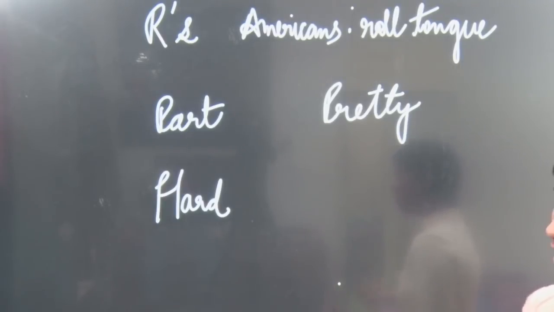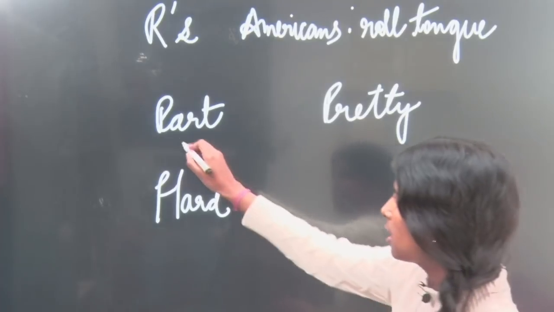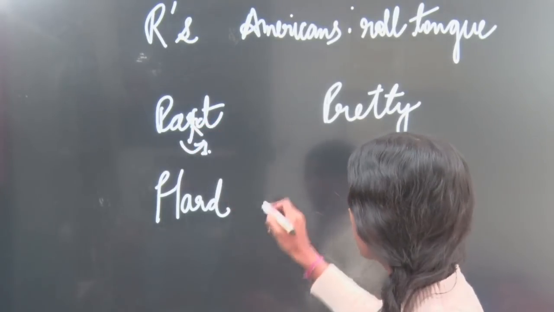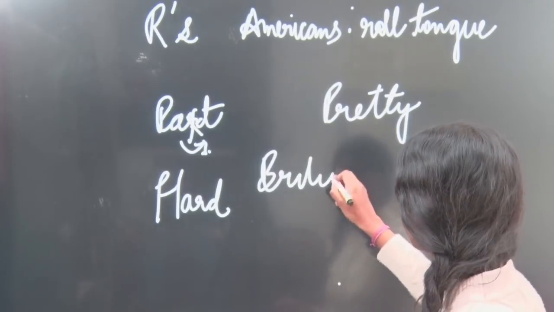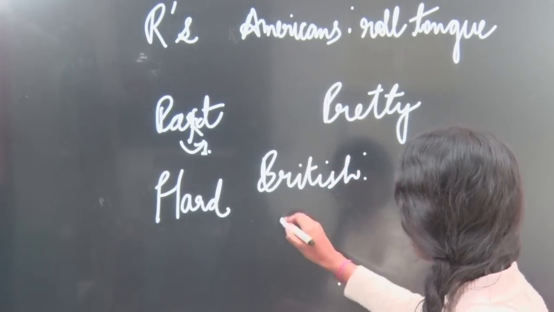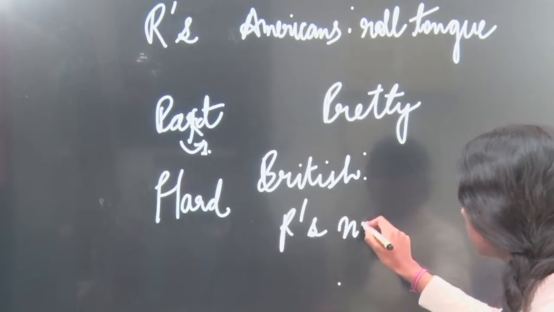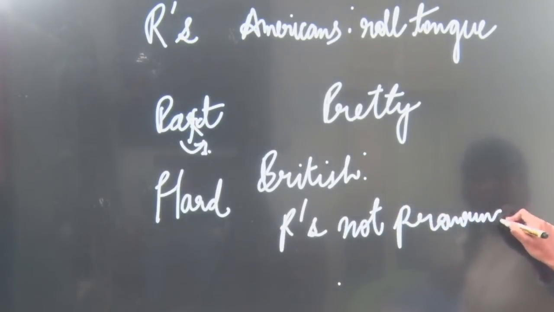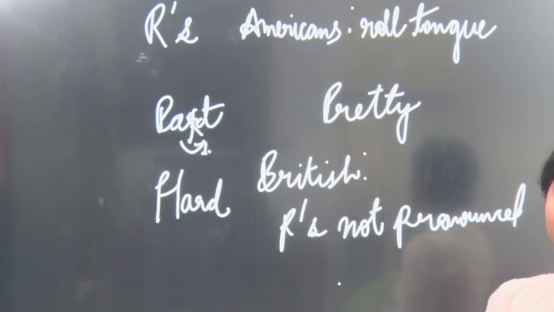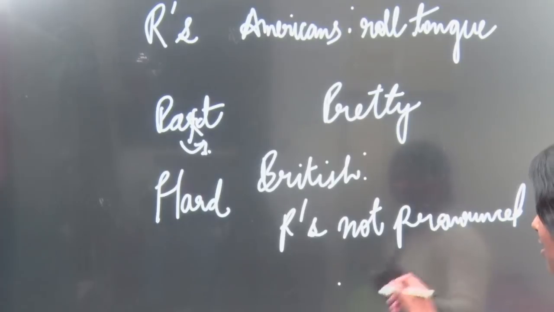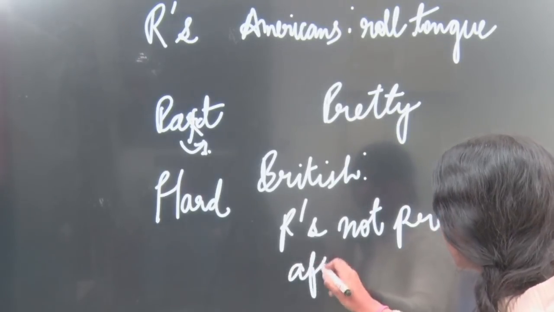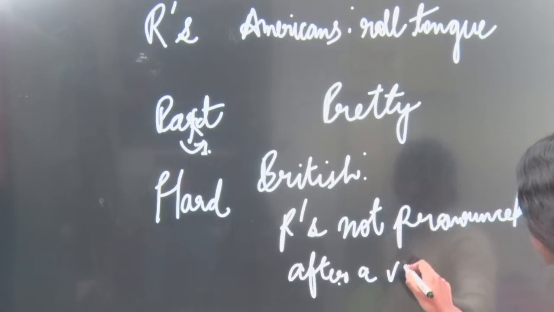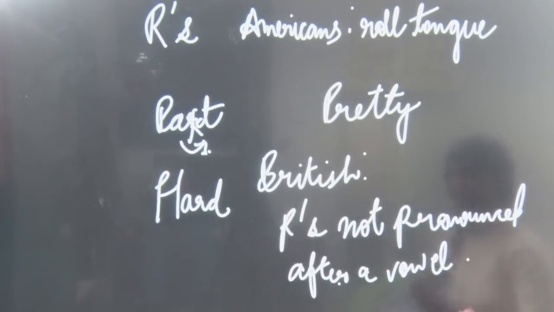In British accent, the rule is that we do not pronounce R. R's not pronounced. My handwriting is super pretty, I know, so please ignore it, y'all. And over time, you're gonna get used to it. So R is not pronounced after a vowel. In British accent, we do not pronounce R after a vowel, for example, here.